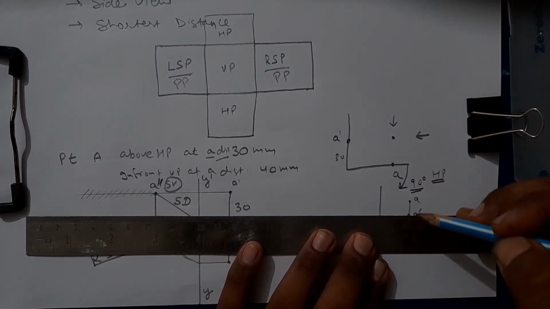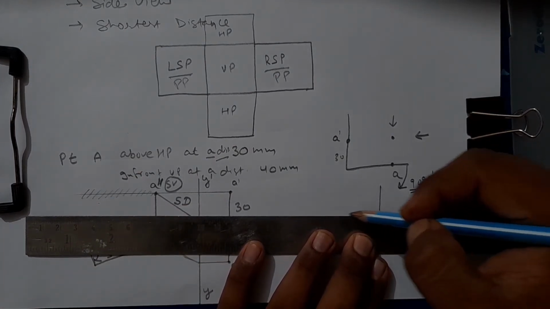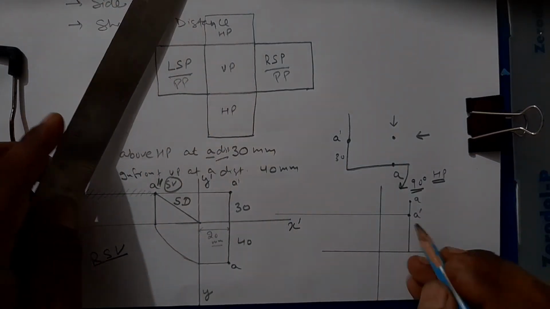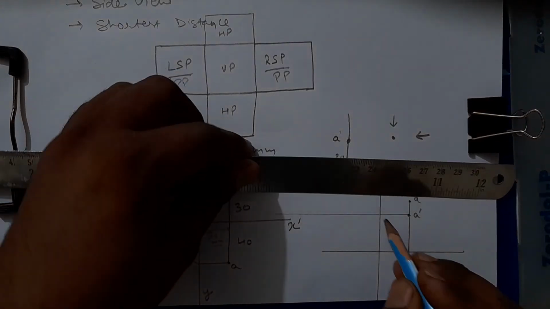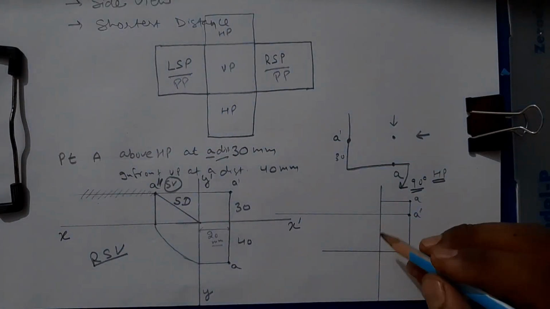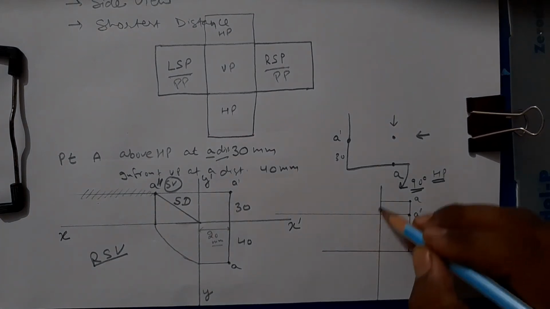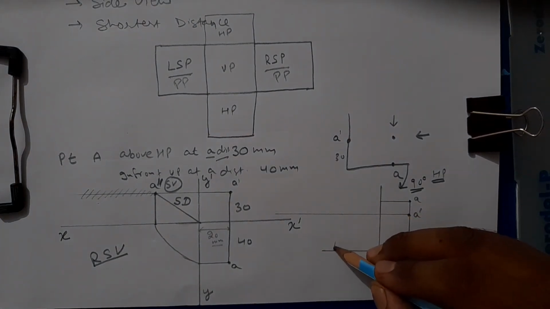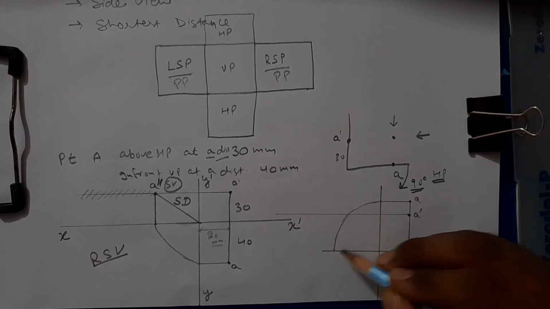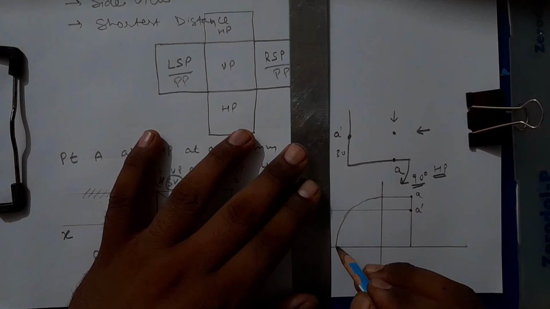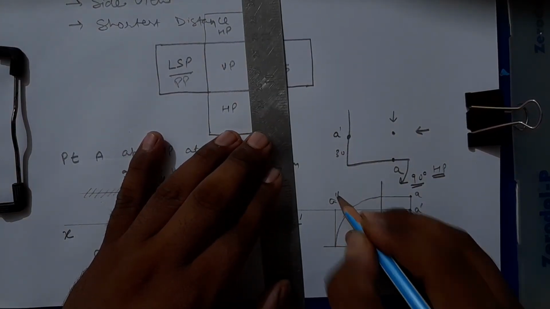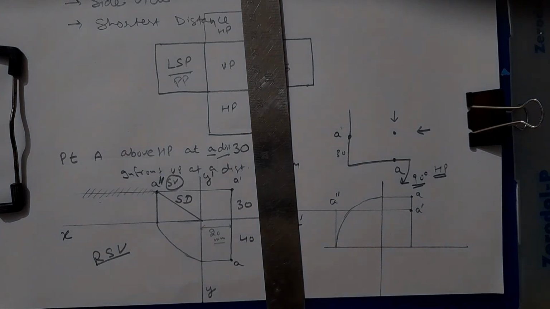In the last lecture we discussed this; if you want, you can search the link from the description and learn it. Here we are having an arc with the help of the compass. Now in the same way draw towards A dash. Where it meets, it is A double dash. This is the side view.